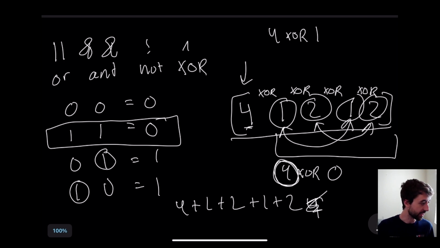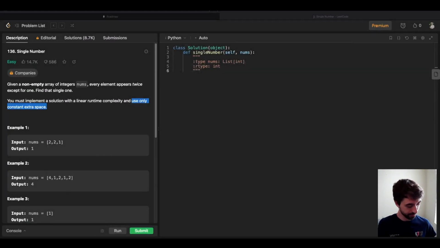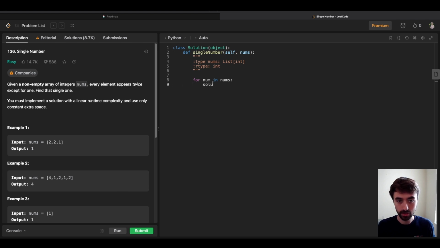So let's go ahead and try this. This would be awesome if it worked, because I think it'll also be really simple. So we can just start out with iterating through for each num in nums. I guess I need a solution variable. I'll call it solution. I'll set that equal to 0 at the start.